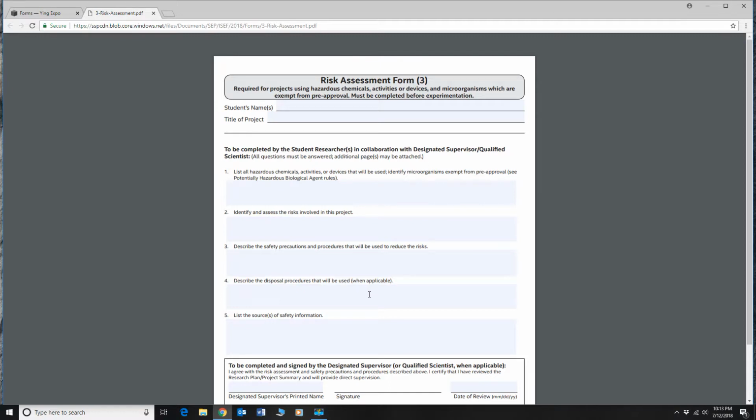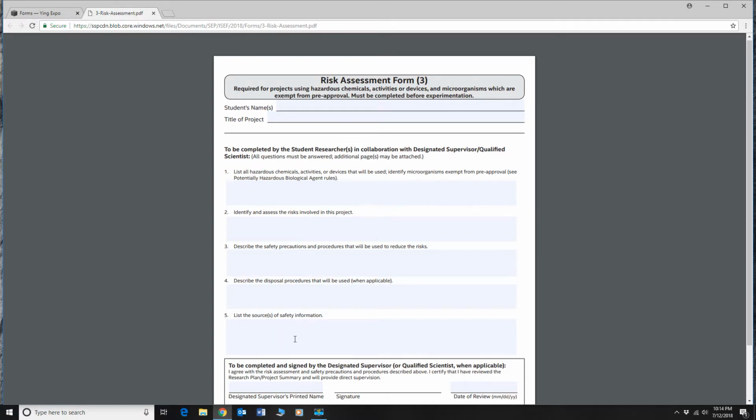Disposal procedures. Okay, so we get that they're not going to throw away a drill or a saw, and they're not throwing away their rockets, but they are going to probably dispose of chemicals, and they are going to dispose of microorganisms when they're done, and there's proper disposal techniques and procedures for those. So those need to be followed, and find out how they're supposed to dispose of those things and do it properly, and talk about how they're going to do it.